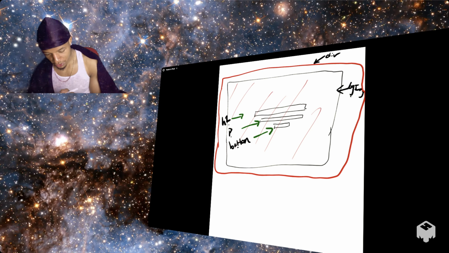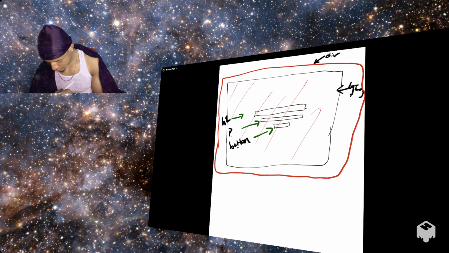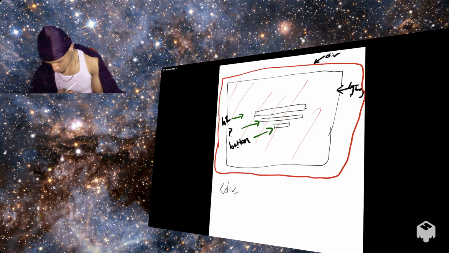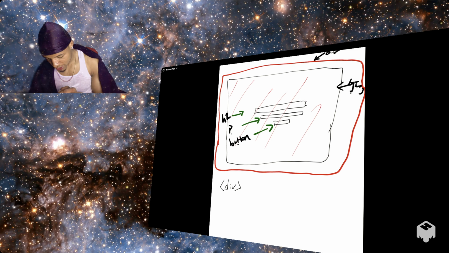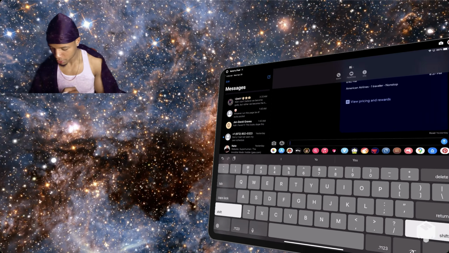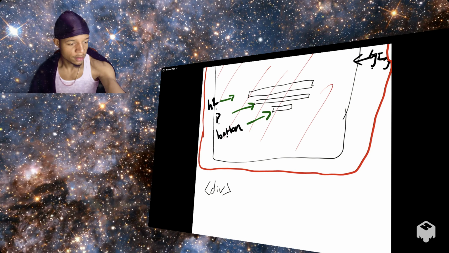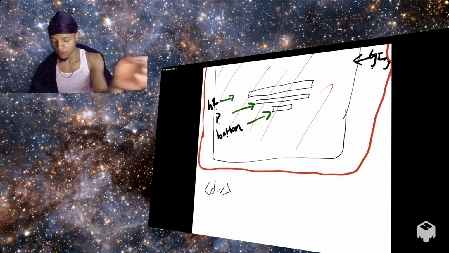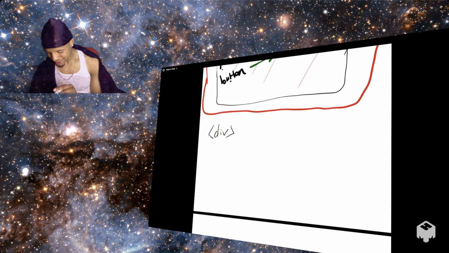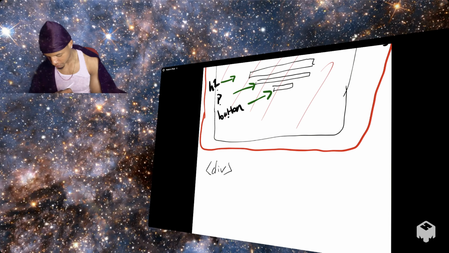So we're trying to draw this out in HTML code. What it would look like is something like this. You'll have your div like that, and inside the div, you will have the background image.